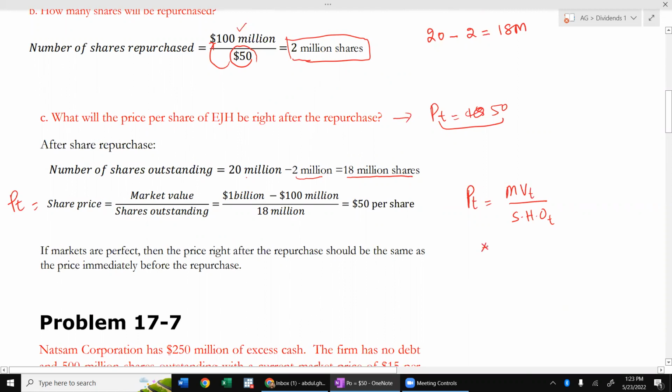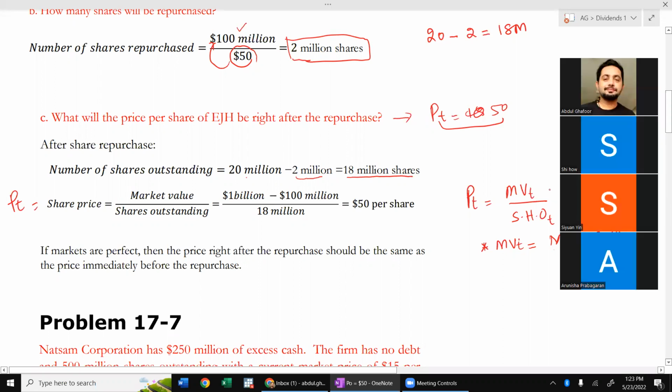So remember that MVT after the share repurchase is always equal to MV0 minus cash. This is the thing you should remember: previous market value minus the cash the company has distributed. So that is equal to 1 billion minus cash, that is MV0 minus cash, divided by shares outstanding at T. The answer is 50.